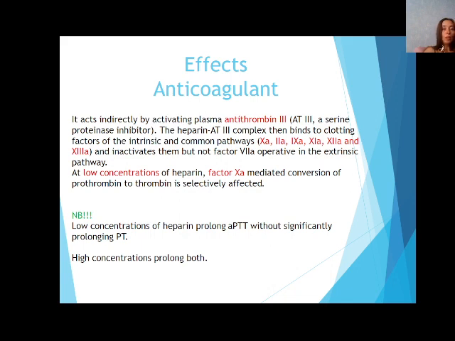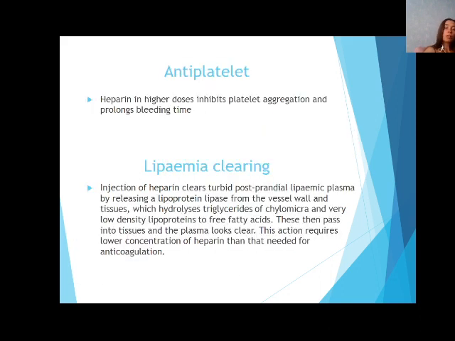We can mark that low concentrations of heparin prolong activated partial thromboplastin time without significantly prolonging prothrombin time. High concentration prolongs both. Next, antiplatelet effect: heparin in high doses inhibits platelet aggregation and prolongs bleeding time. And then lipemia clearing.